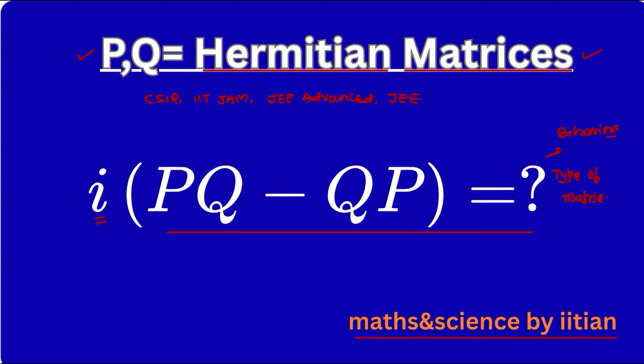We will be discussing that now, step by step. Please listen to my lecture very carefully. Step by step we try to solve so that if this type of question is asked in any examination like CSIR, IIT JAM or JEE Advanced, you will be able to answer it with confidence.